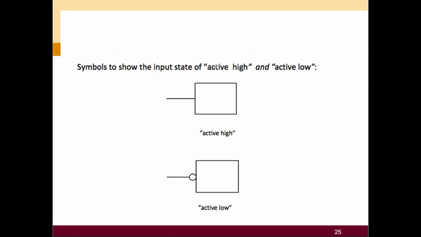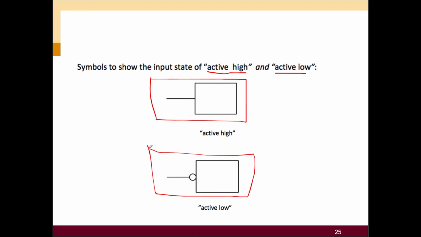If you have the active high, the symbol will be like this, while if you have the active low, the symbol looks like this. What is the difference is on this bubble only. So later on you're going to learn on the NOT gate. So there is a bubble over here or here.